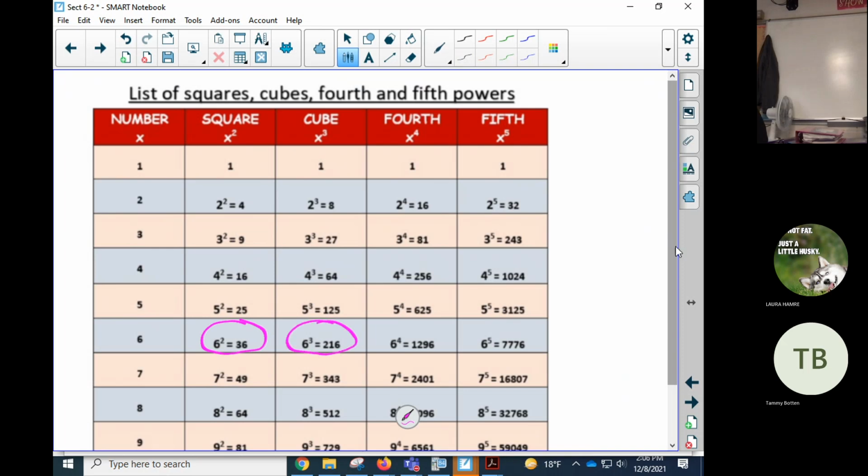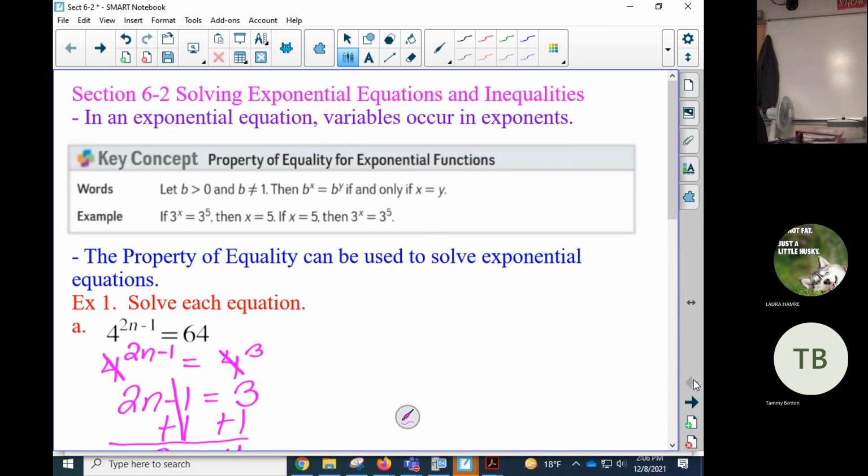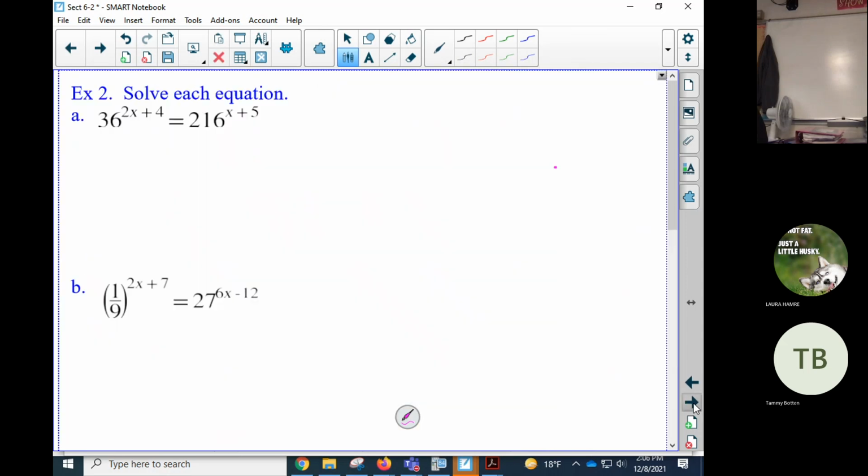So we're going to make the 36 6 squared, the 216 6 cubed. So 36 is 6 squared, and then that's to the 2x plus 4. 216 was 6 cubed, and that's times x plus 5.